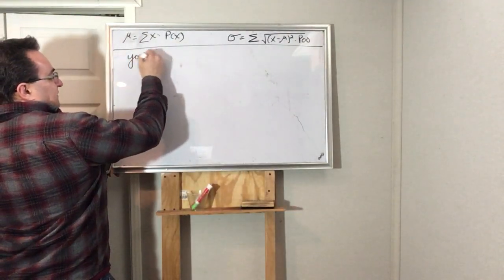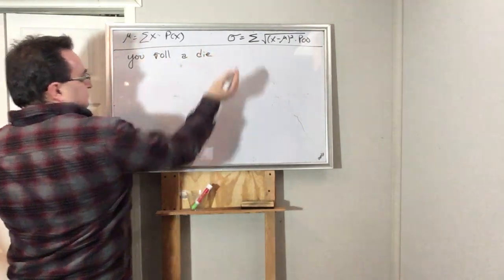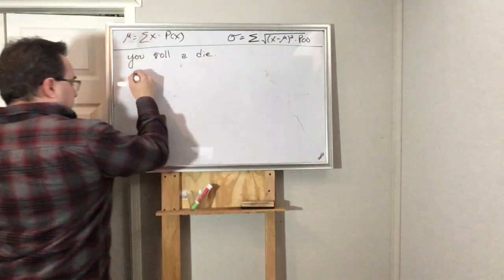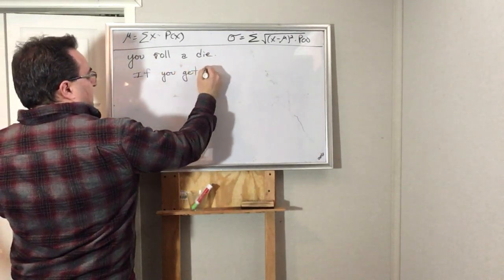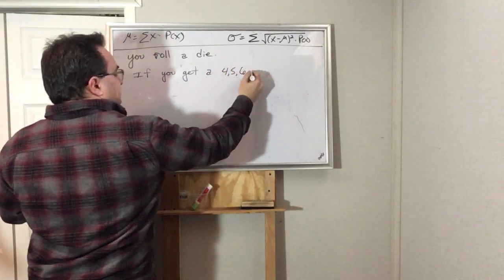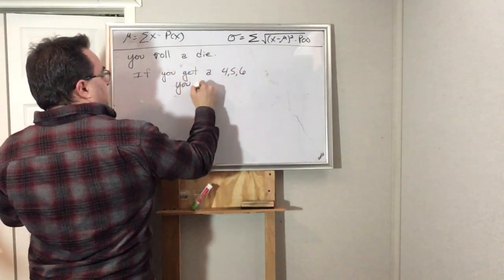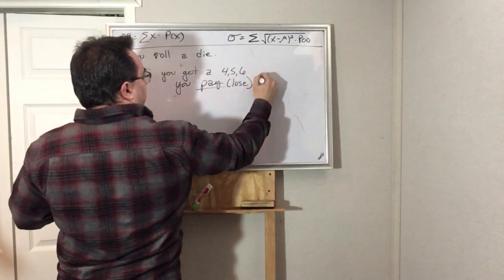You roll a die. If you get 4, 5, or 6, you pay or lose $5.